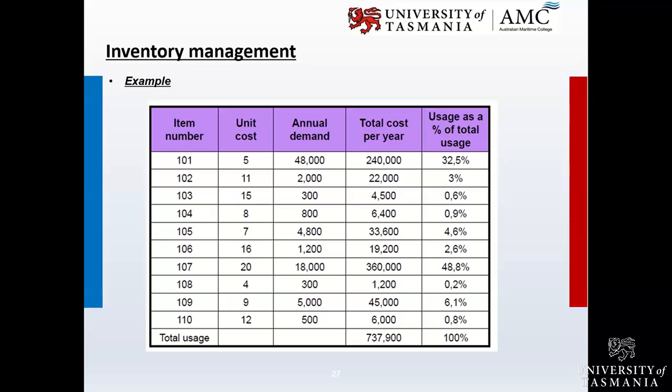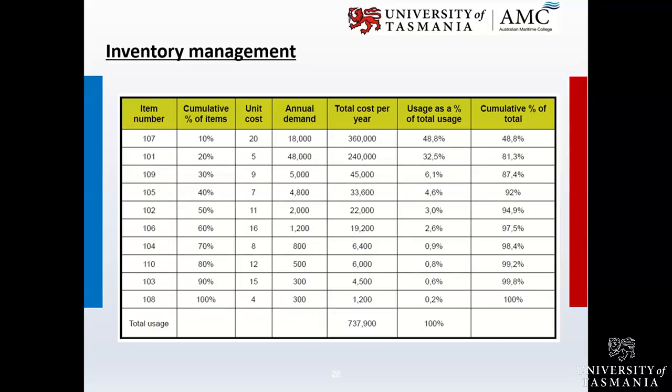The second column shows unit cost, and then annual demand, total cost per year, and the usage as a percentage of total usage. So the first step is to rank items based on the usage as a percentage of total usage.